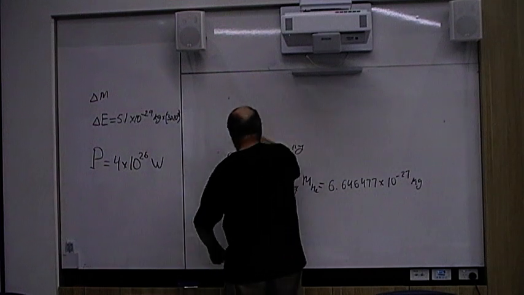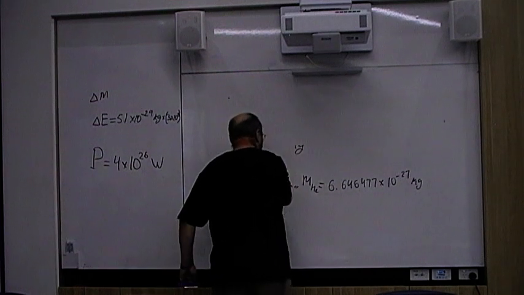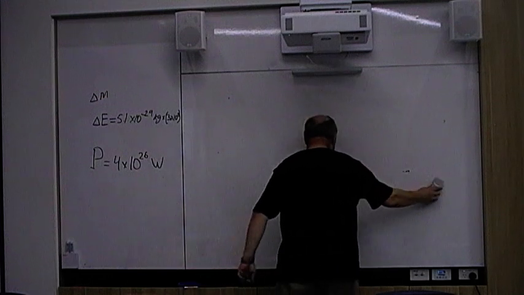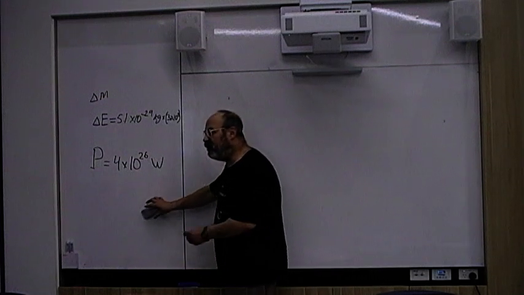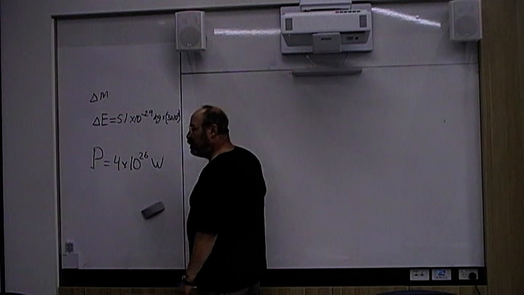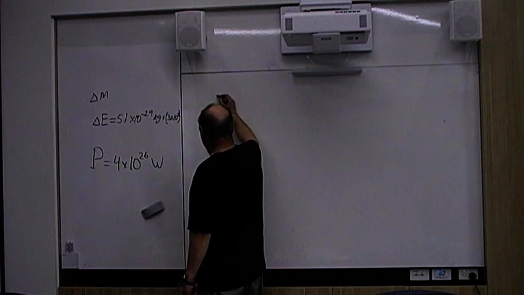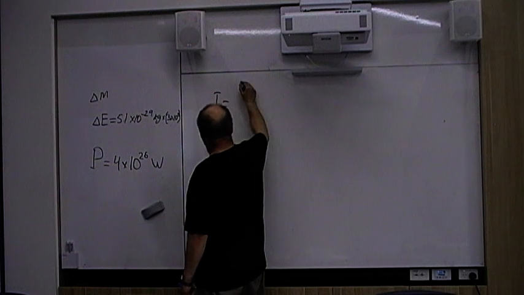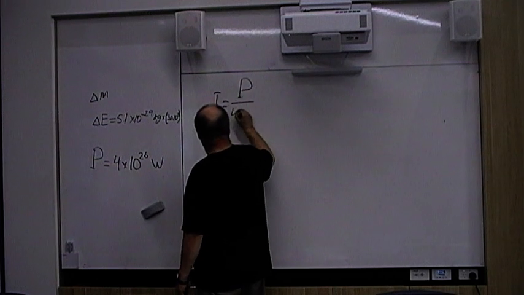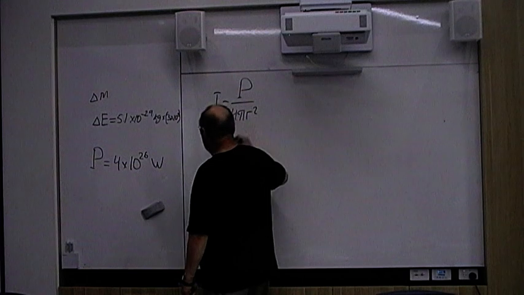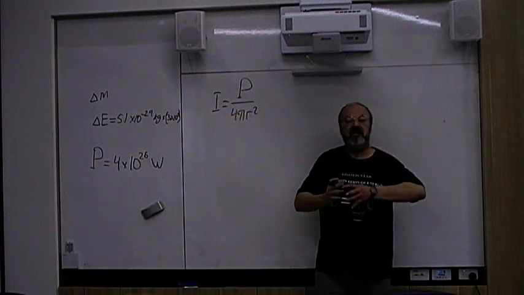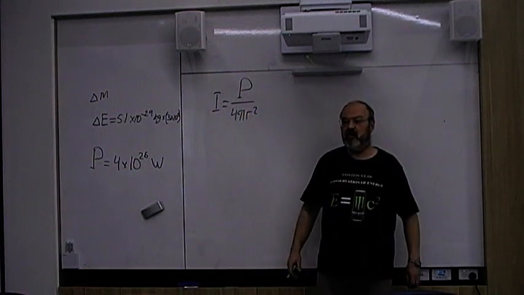We can measure how much energy falls on 1 square meter on Earth. That will be pretty much the brightness of the sun, or intensity of the sunlight, which equals total power divided by 4 pi r squared, because the sun emits energy evenly in all directions.